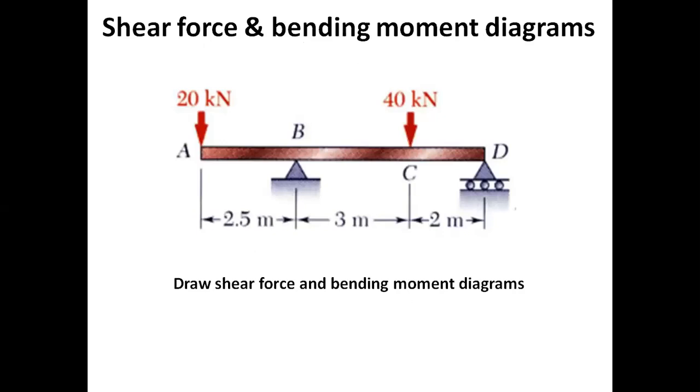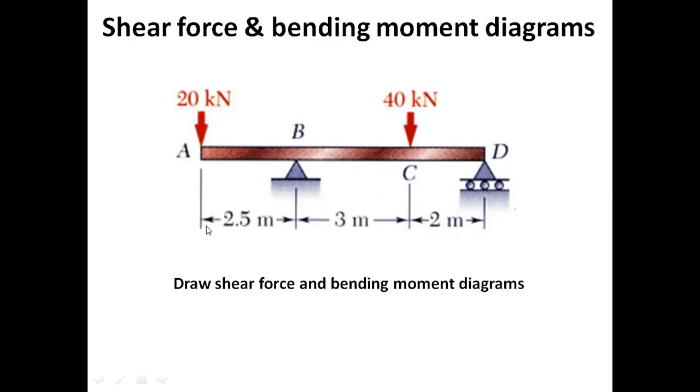The things which we have discussed will be more clear if we solve an example. So here in this example, you could see a beam A, B, C, D, and it is supported by two supports. Here we have a knife edge support, and here we have another support. You could see two loads: 20 kilonewton at the tip of the beam, whereas at point C, a 40 kilonewton load is acting.